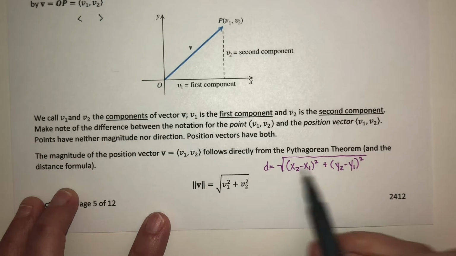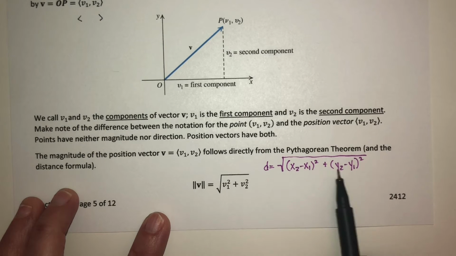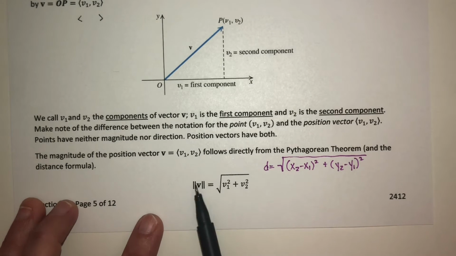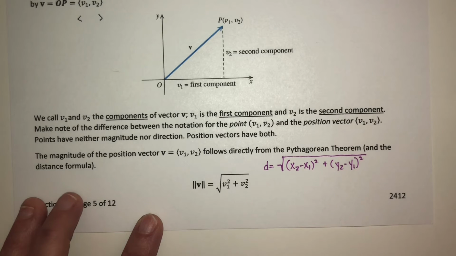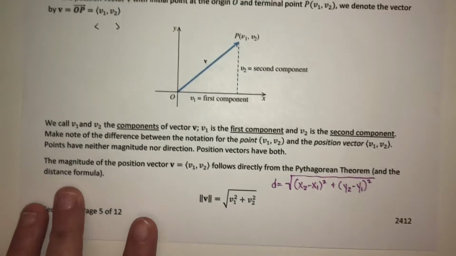One of these points, our initial point, is the origin, so the subtraction just leaves x2 squared and y2 squared, which coordinates with this. So if you have a position vector, you can calculate the magnitude by taking the square root of the sum of the squares of the two components.